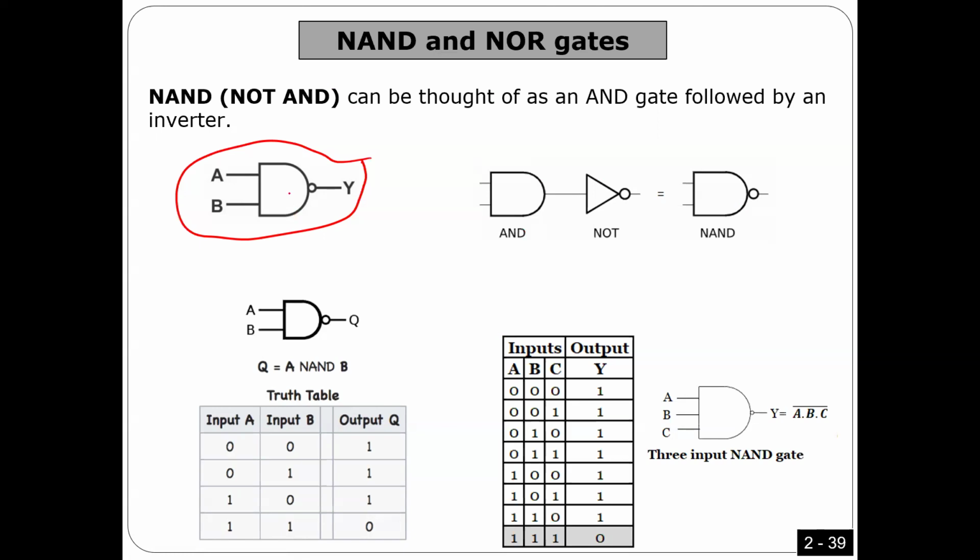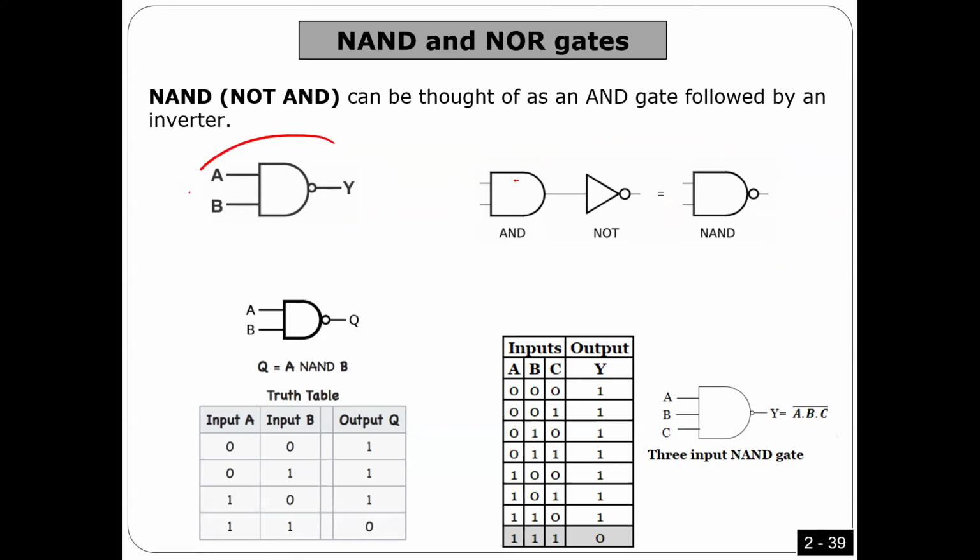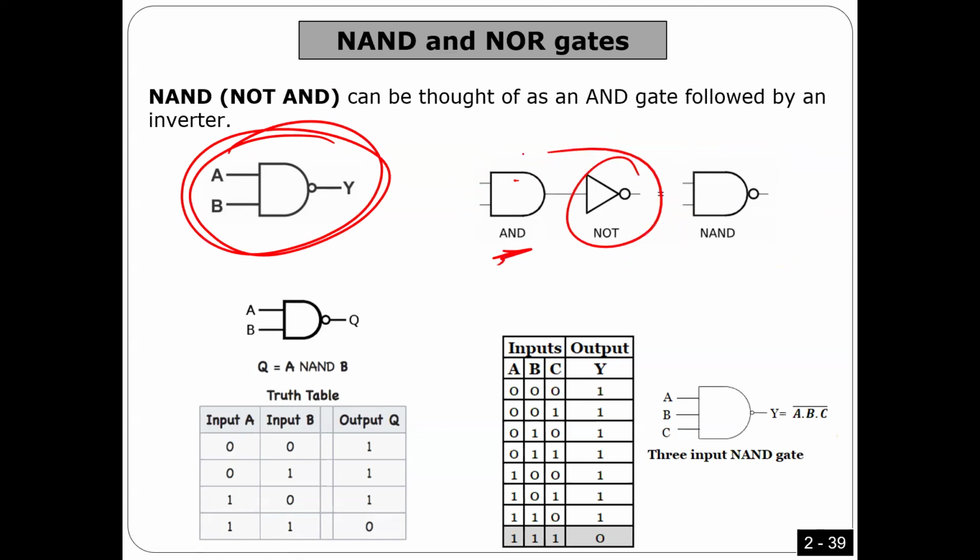So this one is equivalent to AND followed by inverter. You got what I'm saying? If you have AND followed by inverter, I'm going to call it 1 gate, NAND. Now understand, it's not 2 gates. I'm going to create it using NAND. Any questions? So NAND gate is actually AND followed by inverter.